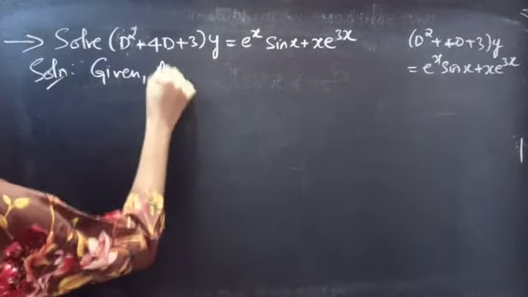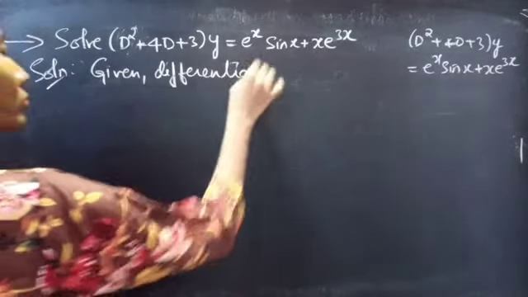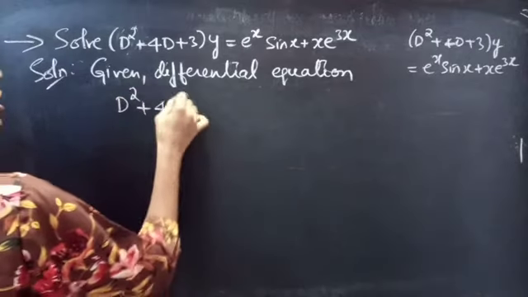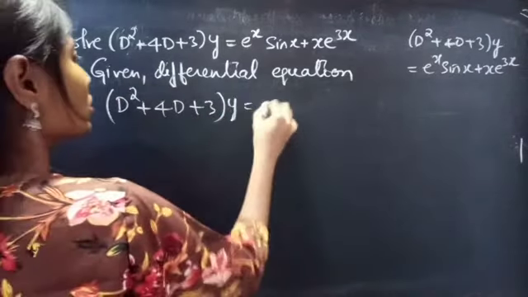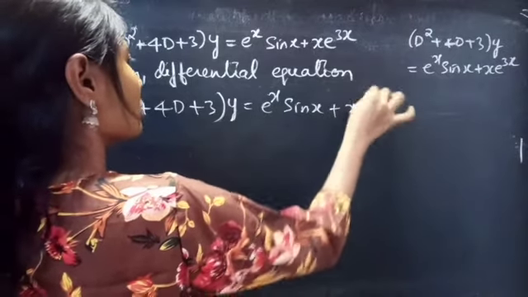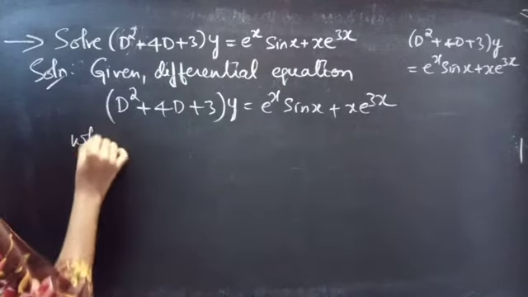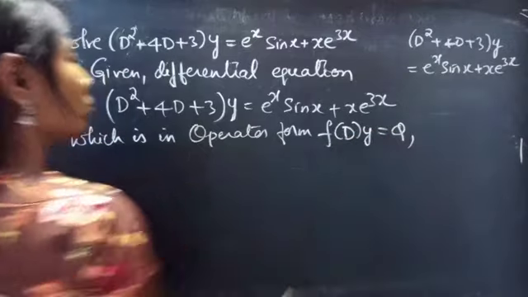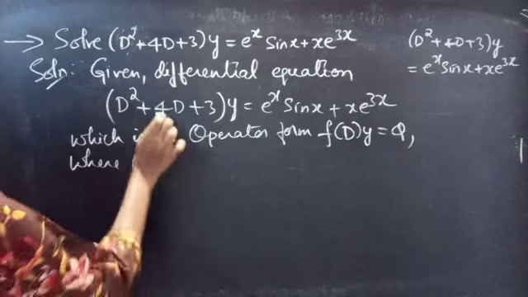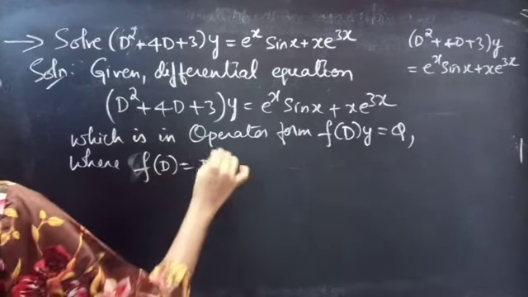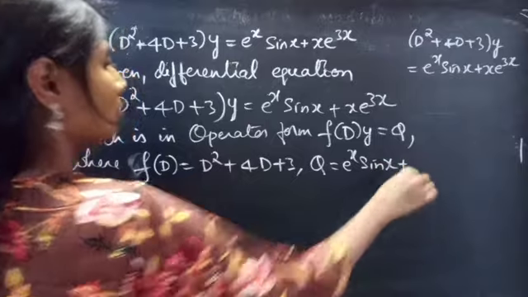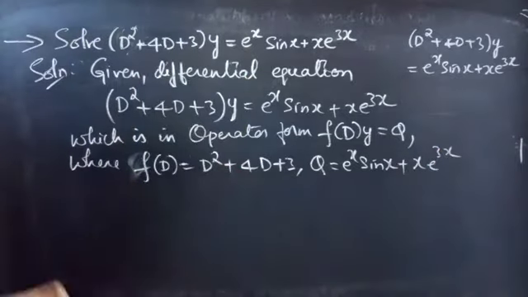Now coming to the problem. The given differential equation (D² + 4D + 3) y = e^x sin x + x e^(3x) is in operator form, F(D) y = Q, where F(D) = D² + 4D + 3 and Q = e^x sin x + x e^(3x).